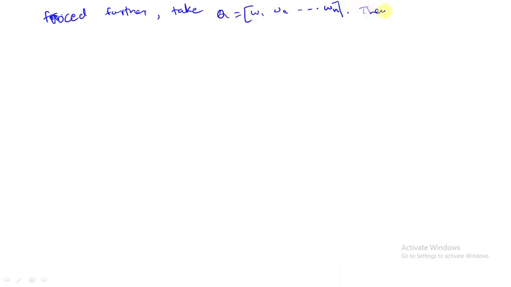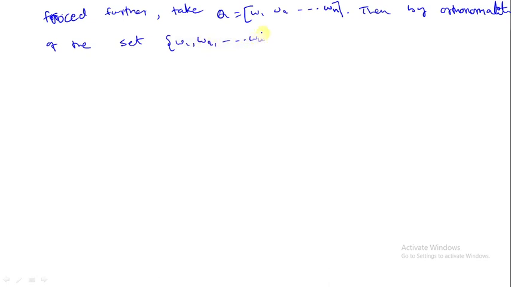Then by the orthonormality of this set w1, w2, wn, what does it imply for Q transpose Q?